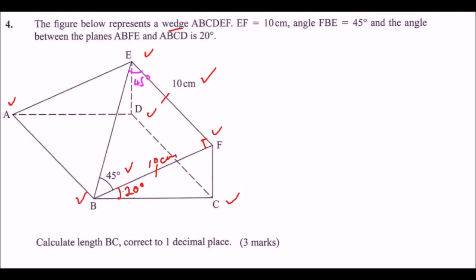If it is a wedge, it means BFC is an isosceles triangle, and therefore BF is the same as BC, so this is 10 centimeters. That is what we are required to find, and I don't know why they are saying correct to one decimal place, because BC is exactly 10, so we can say BC is equal to 10 centimeters, which doesn't have a decimal, and that's the way I think it should be worked out.